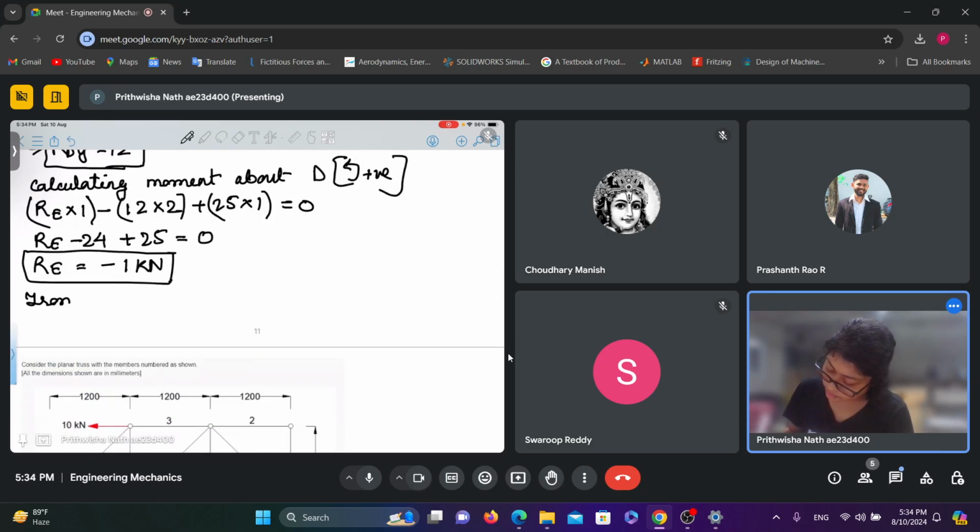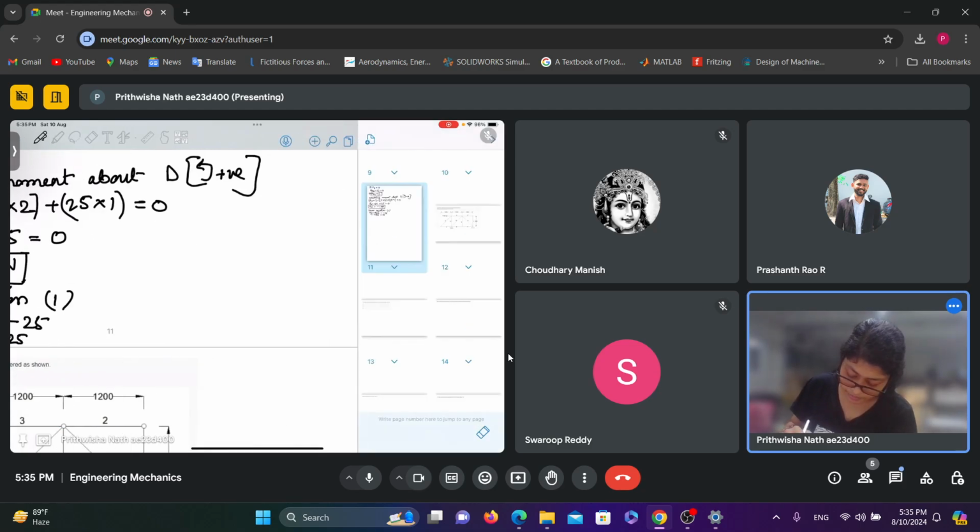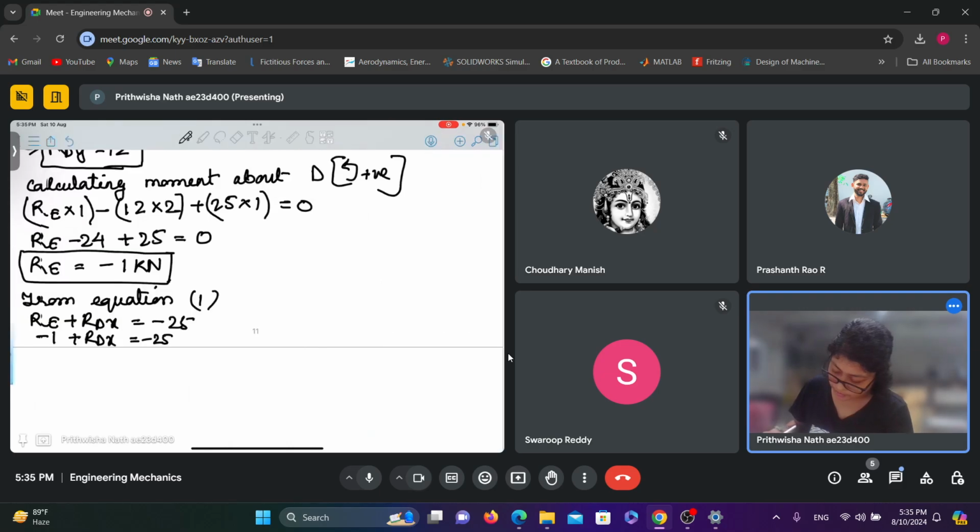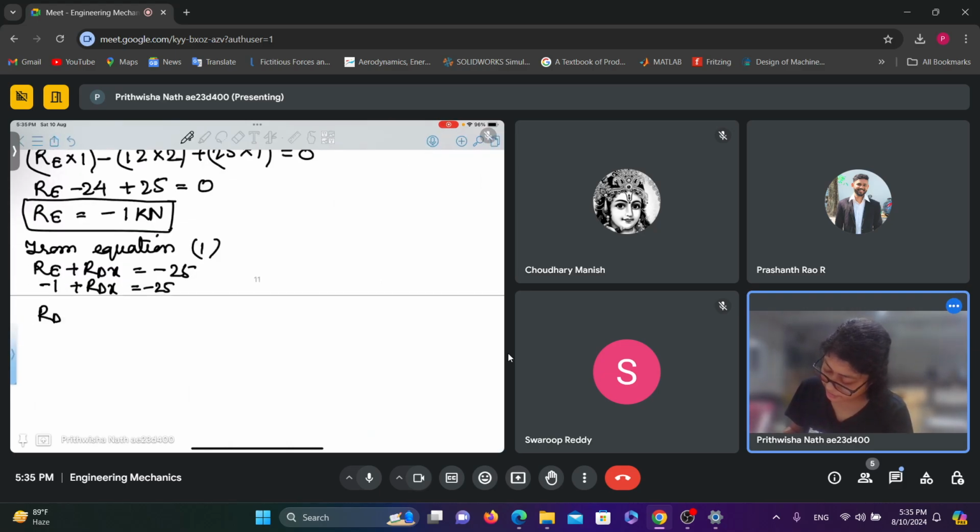From equation 1, RDX is minus 24 kilonewton.